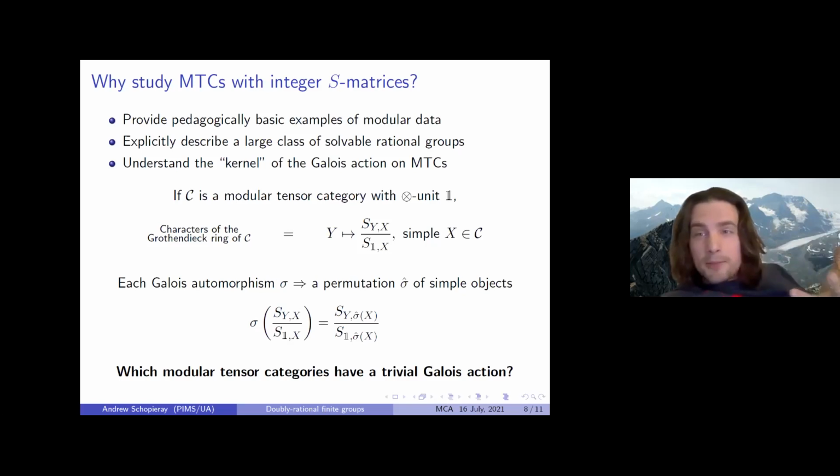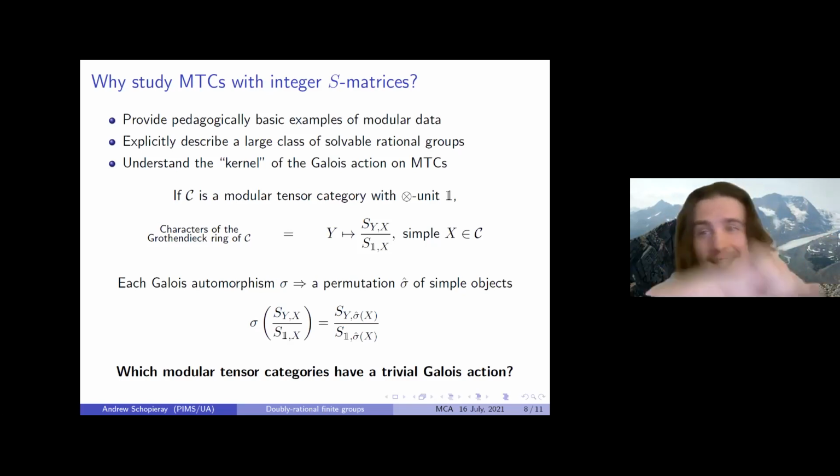it's very possible, which you'll hear about on Monday, to completely classify modular tensor categories for which this Galois action is transitive. So the Galois automorphisms transitively permute all of the simple objects. You can write down a very small list, one family of modular tensor categories with that property.